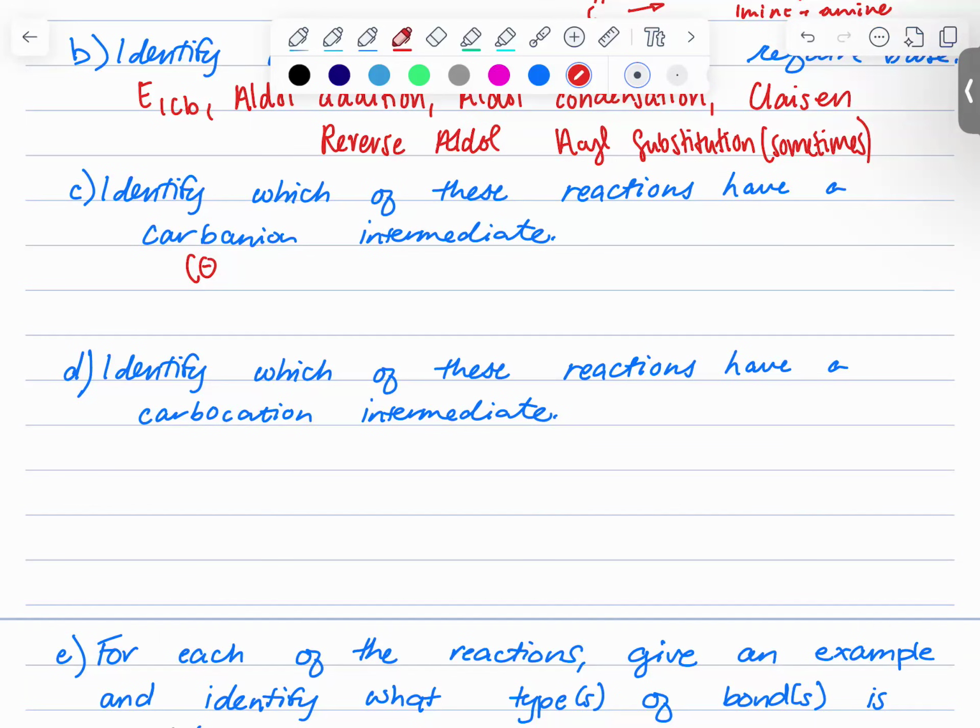It's more of our recent reactions. Aldol? What else? Would you be doing a nucleophilic or an electrophilic addition?